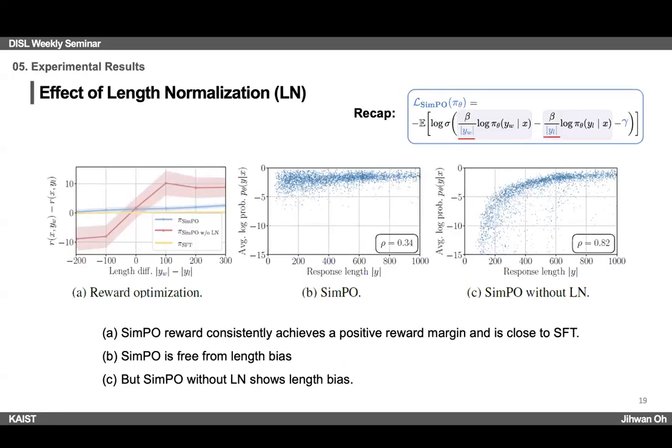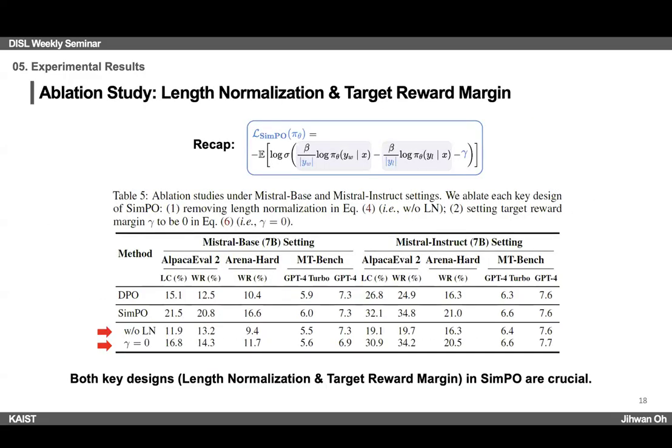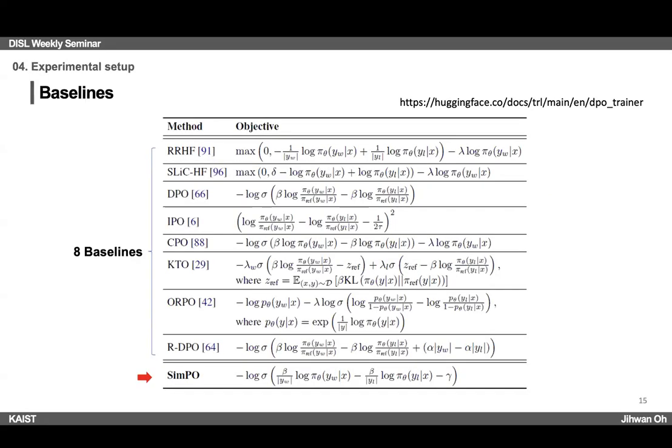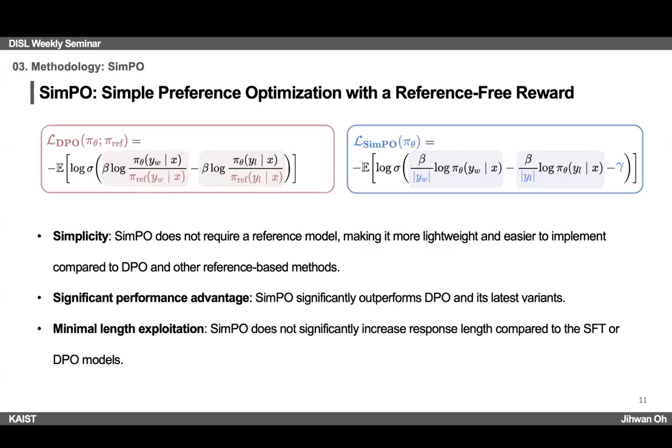The removal of the reference model does not affect the length bias or the target reward margin, and it just accelerates training time and reduces memory cost. And the second reason is that they argue that the actual preference margin when they generate does not include the reference model's probability, right? Yeah.